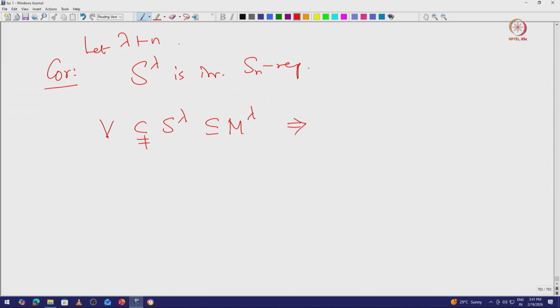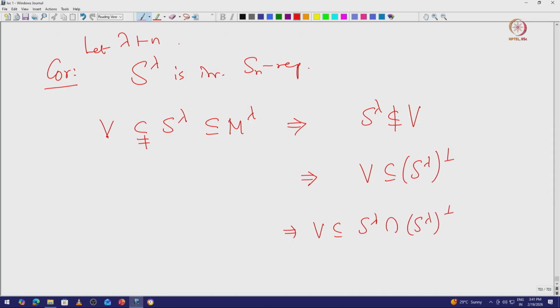So, that would imply that S lambda is not contained in V. Using our earlier result, V must be contained in S lambda perp. So, V is contained in S lambda intersection S lambda perp, but since we are working with an inner product space, this intersection must be trivial, which implies that V is trivial.